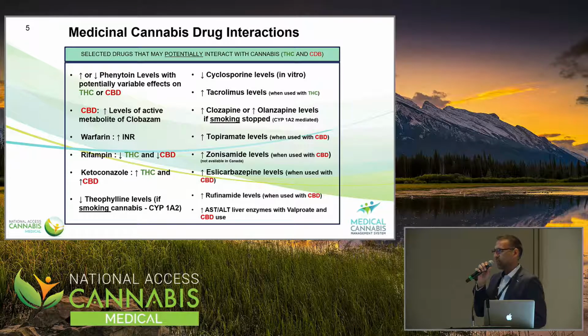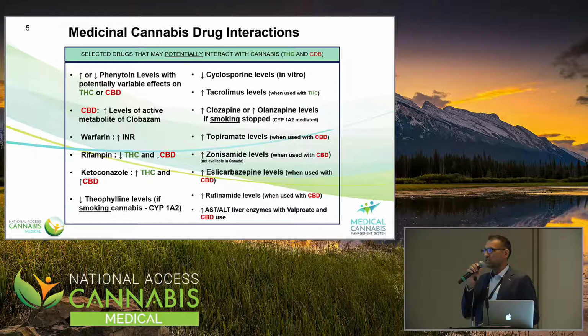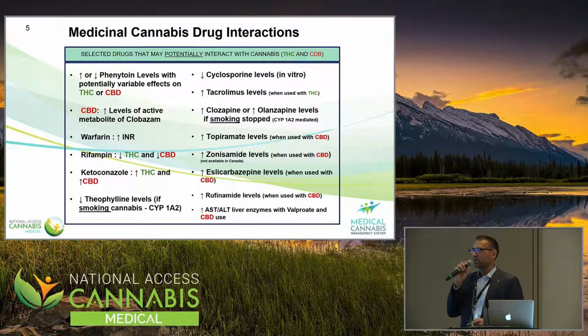So generally speaking, these are some of the medications that we really should look for as potential interactors. You have increasing or decreasing dilantin levels, so phenytoin levels, that may also have variable effects on THC or CBD. So that one's a pretty easy one.